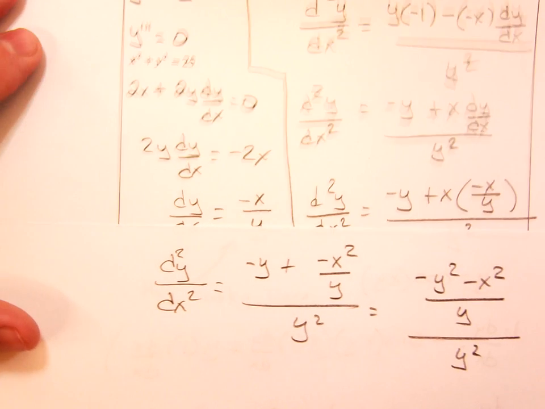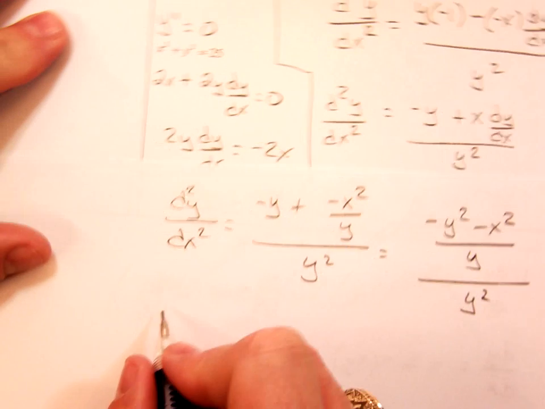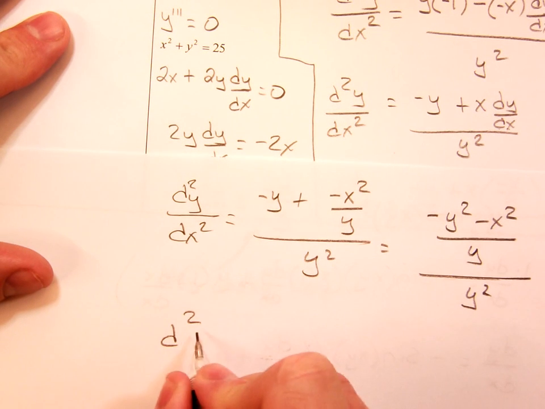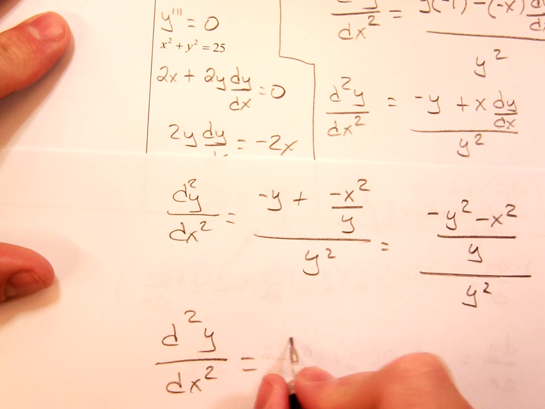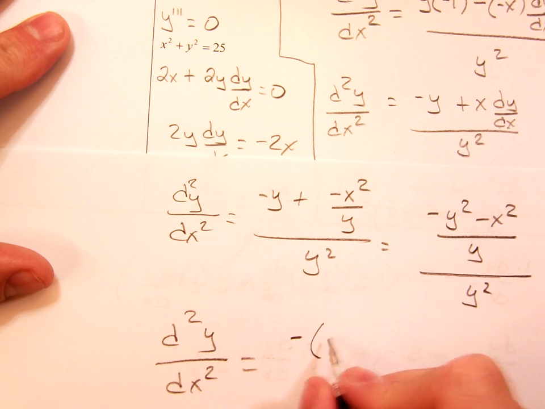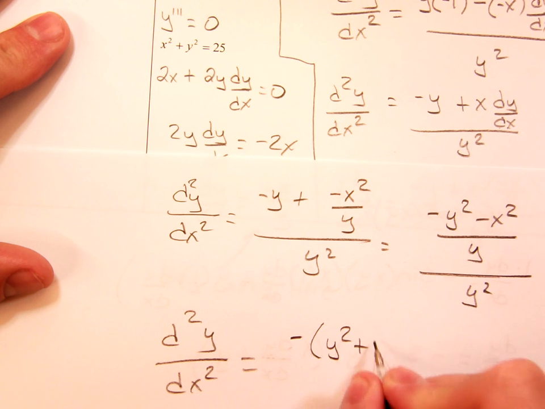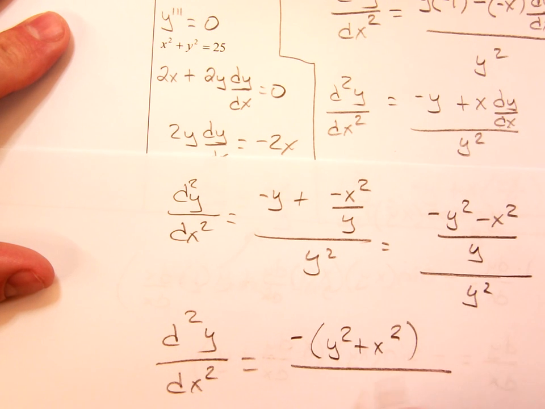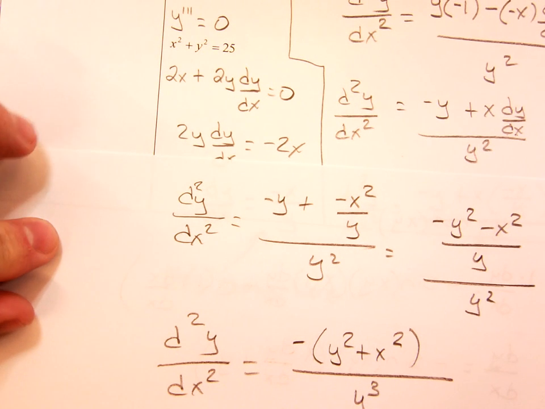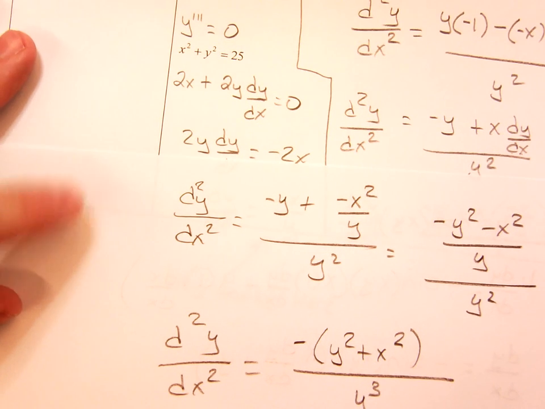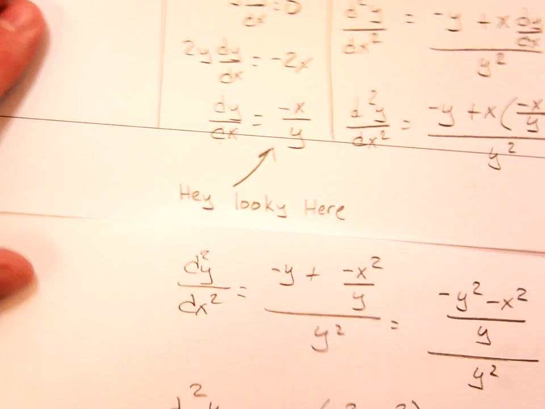Go with me? So I'm going to factor out a negative 1. That's y squared plus x squared over y cubed. And that's your second derivative.